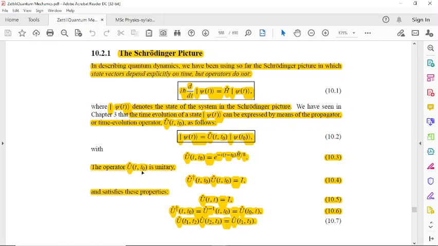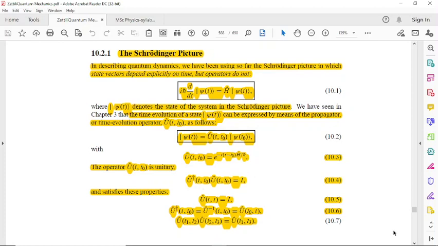The operator U of t, t0 is unitary. We have already seen that, and the expression for a unitary operator is U dagger U equal to I, and it satisfies these properties.